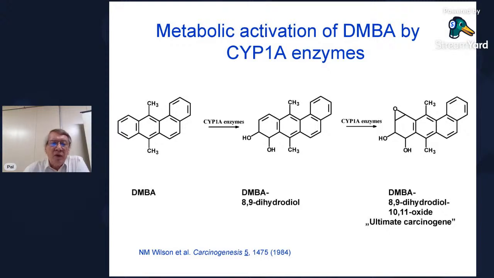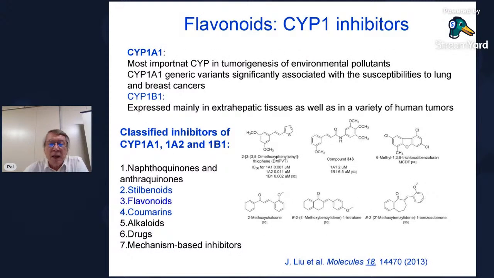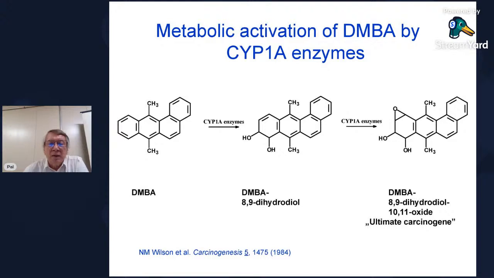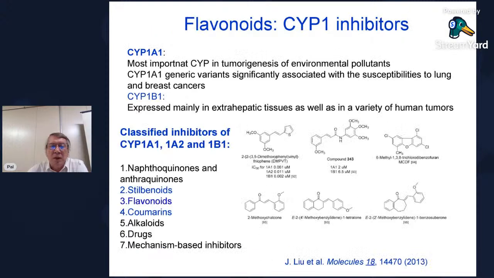However, the cytochrome P450 enzymes, among them the cytochrome P450 1A enzymes, can convert these compounds into very reactive dihydroxy epoxy derivatives, and these are reactive electrophiles, which, as we will see, can react with glutathione in case of appropriate glutathione level in the cell.